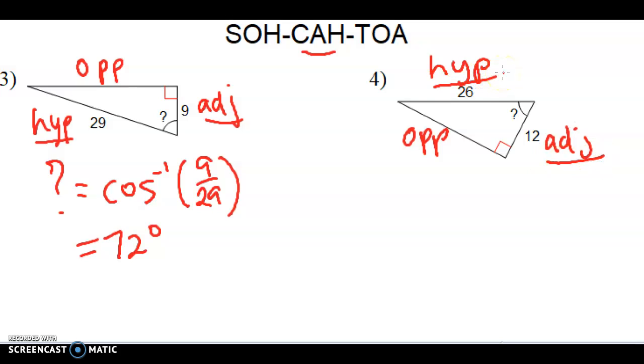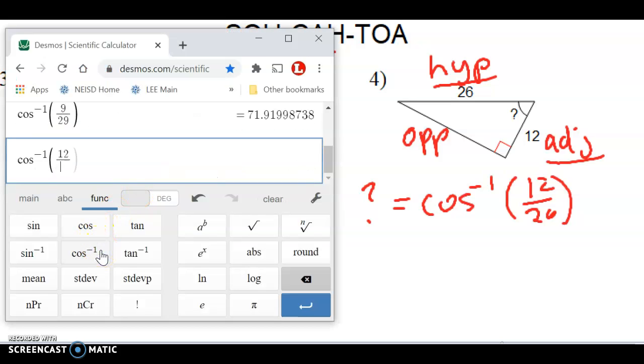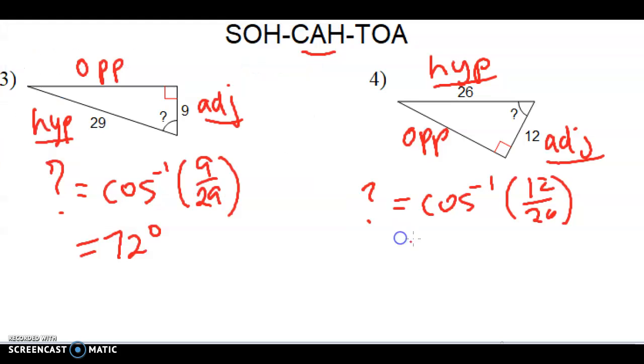Which one is it, sine, cosine, or tangent? Again, this is another cosine, so two cosines in a row. So my angle will be the inverse cosine of 12 over 26. My inverse cosine of 12 divided by 26 is 62.5, which would round to 63 degrees.